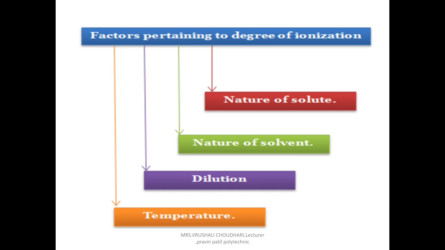Accordingly, conductance or ionization changes. Dilution or the concentration: if the concentration is higher, fewer cations and anions form. If dilution is more, a large number of cations and anions form, and conductivity increases. Temperature: as the temperature increases, dissolution increases and ionization also increases. So the degree of ionization increases.